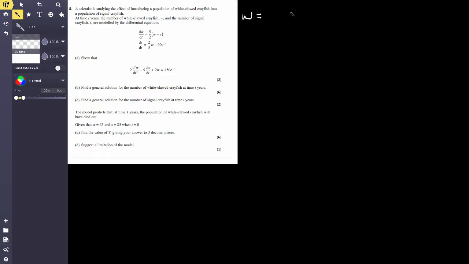So it's going to be A e to the 0.5t, plus B e to the 2t, and then my particular integral was 50 lots of e to the minus t. That's my general solution for part B, and we need this for part C anyway, so it's convenient that I forgot it.